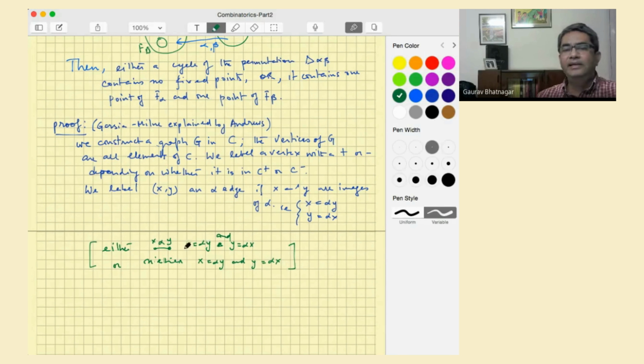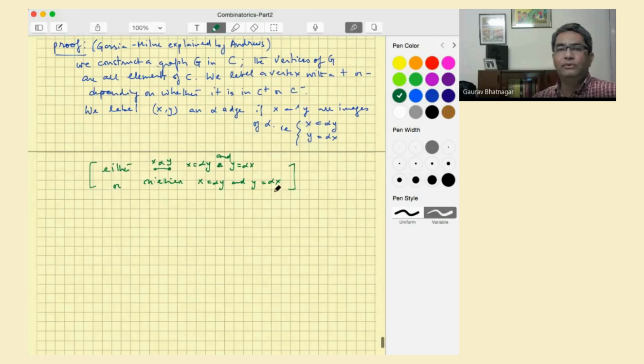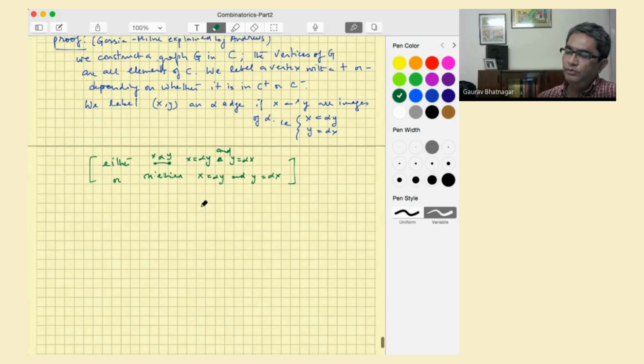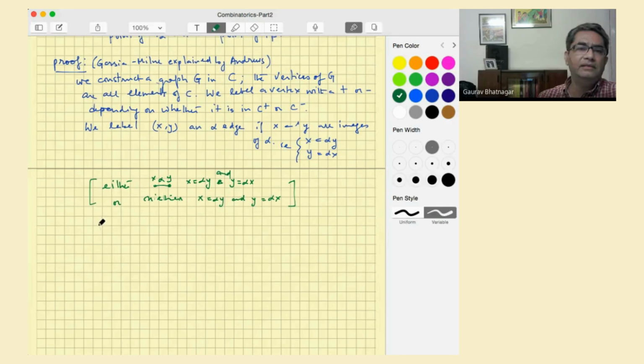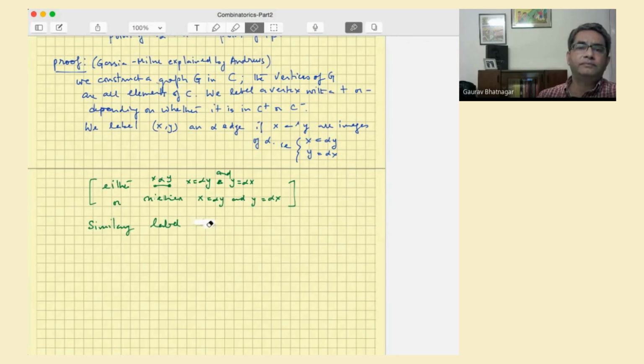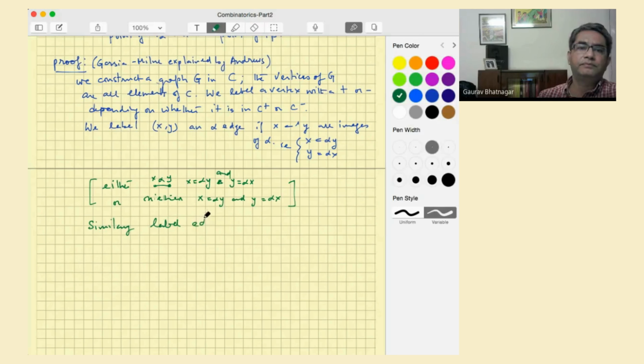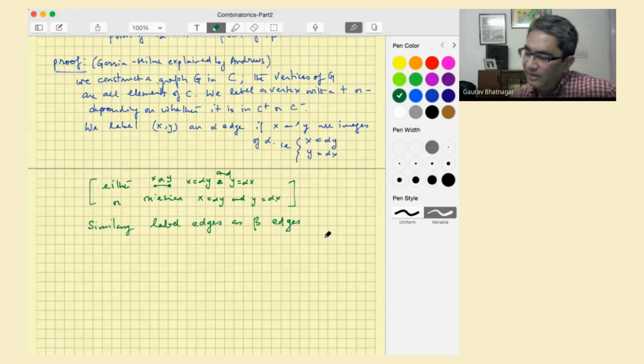I mean, it's either connected or not. That's what it's trying to say. You can't have halfway business. So it's not a two-way star. And similarly, you have a beta. Similarly, label edges as beta edges. So there are two kinds of edges in this graph: alpha edge and beta edge.